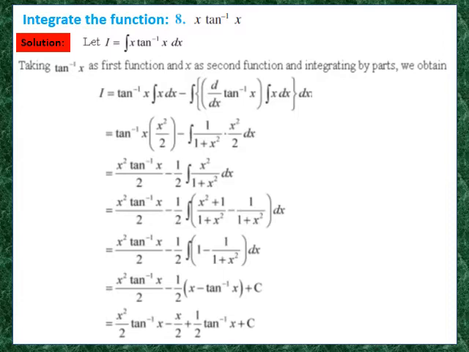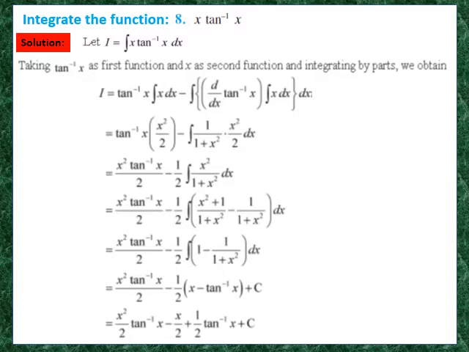If you remember, if it is a proper fraction, we have to convert it into improper. Clear? So we are getting 1 minus 1 upon 1 plus x square dx, and the integral of 1 is x, and the integral of 1 upon 1 plus x square is tan inverse x. So after simplification we are getting our final answer x square upon 2 tan inverse x minus x upon 2 plus tan inverse x upon 2 plus constant c.